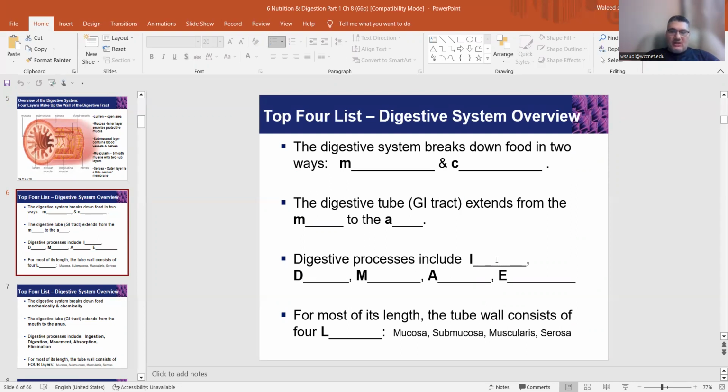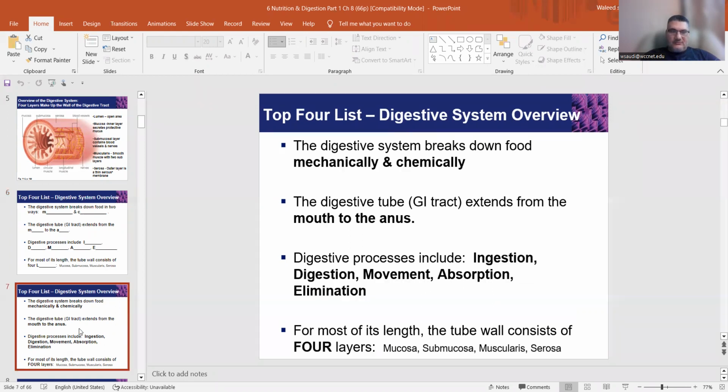You put the food in your mouth, we call it ingestion. You break down the food, we call it digestion. It moves down the digestive tract or canal, we call it movement. Then you absorb a good part of it, and the remnants will be eliminated. The layers that you need to know, 4 layers: mucosa, submucosa, muscularis, serosa.